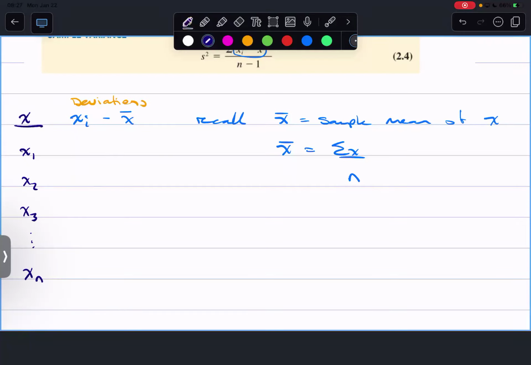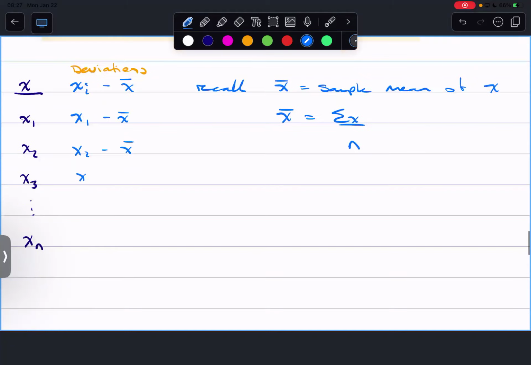Which is going to be x1 minus x bar, x2 minus x bar, x3 minus x bar, xn minus x bar. Put brackets around that.